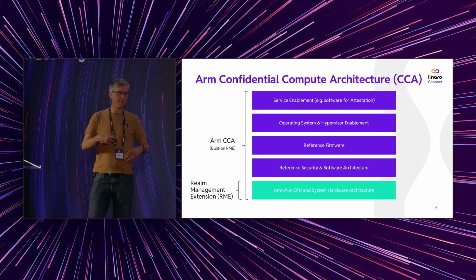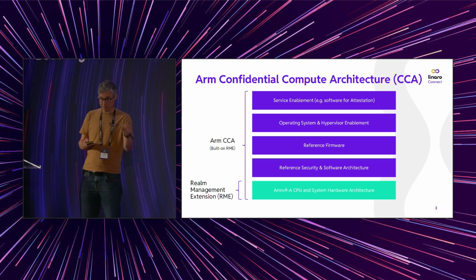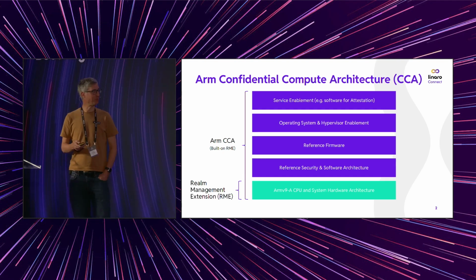And CCA is everything on top, so that's the software architecture standards that ARM produces on top of that, the reference firmware, any OS and hypervisor enablement, and then finally at the top the additional services, for example for attestation and endorsement and things like that. I'll be mostly focusing on the second and third blobs from the top. If you've got any other questions outside of that, there are plenty of people in the room who know about all the other bits as well.